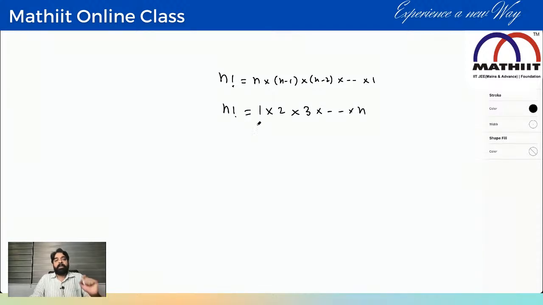So n factorial will be divisible by every integer from 1 to n, because all the integers are available.